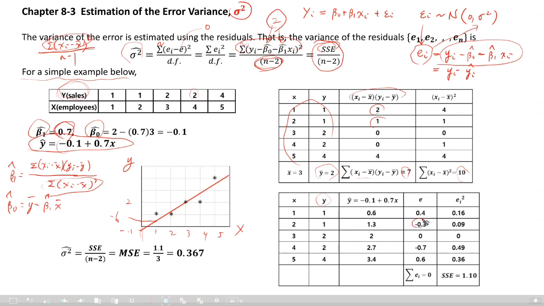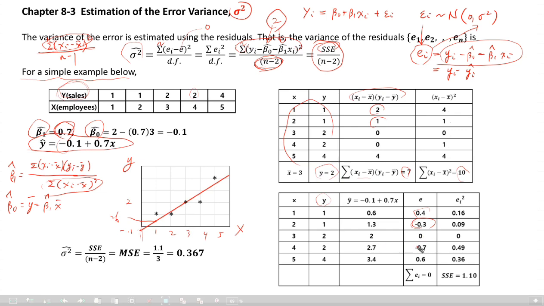I'm sorry, not this value. This value is 0.6. Okay. So 1 minus 0.6 is 0.4 residual. 1 minus 1.3 is minus 0.3 residual. 2 minus this value, about 0, something like that.